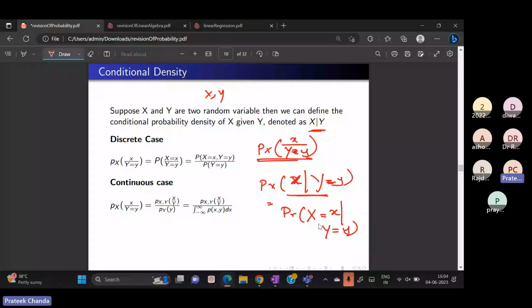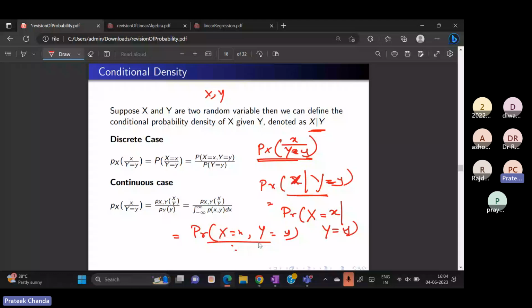Again, p of x is a joint probability by Bayes theorem, and similarly for the continuous case, I can write it as the joint distribution p of x, y given x by y, as we saw in the last use case, and p of y, and this I can again marginalize with respect to x: minus infinity to infinity p of x comma y.